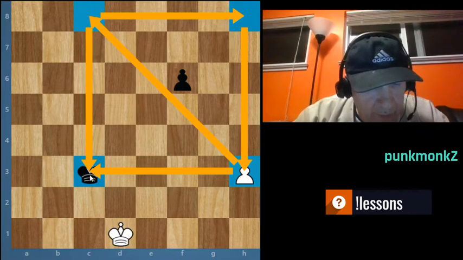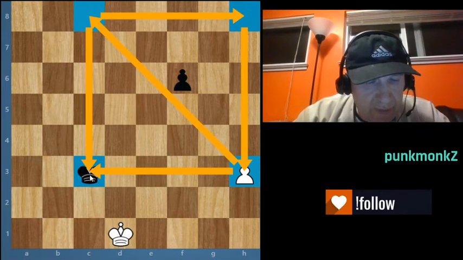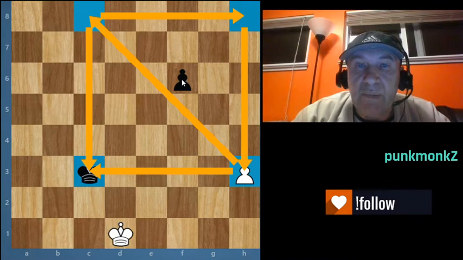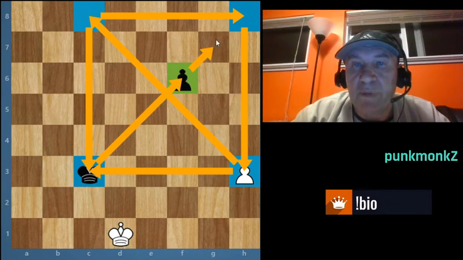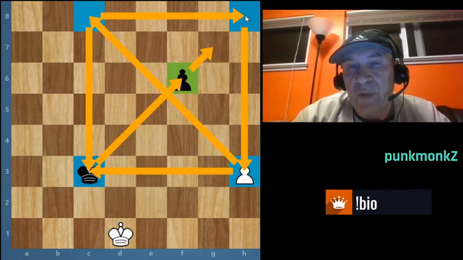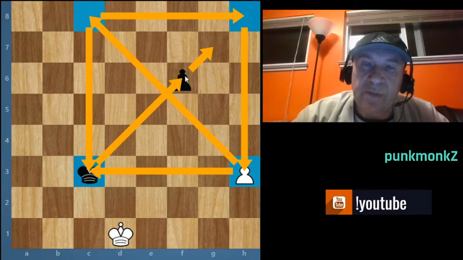But there's a little problem, and the problem is that black has an f6 pawn, and this f6 pawn is an obstacle for the blocking to stop the pawn from promoting. This obstacle is going to kick the king outside the square.